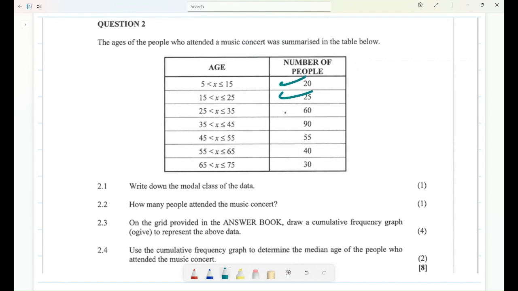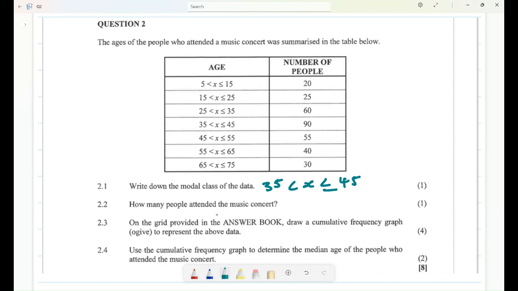When I check 20, 25, 90, I can see this one has the highest frequency, so this is the modal class. Not the 90. The age group with the highest frequency, which is 90. We're going to take whatever is here, and we're going to say it is 35. This is just a straightforward answer. Just remember, modal class, highest frequency.